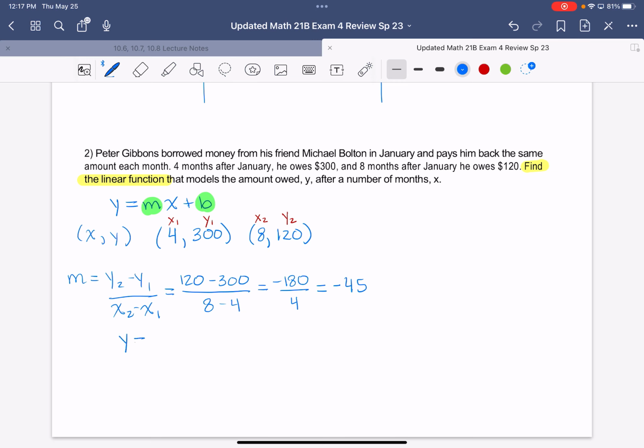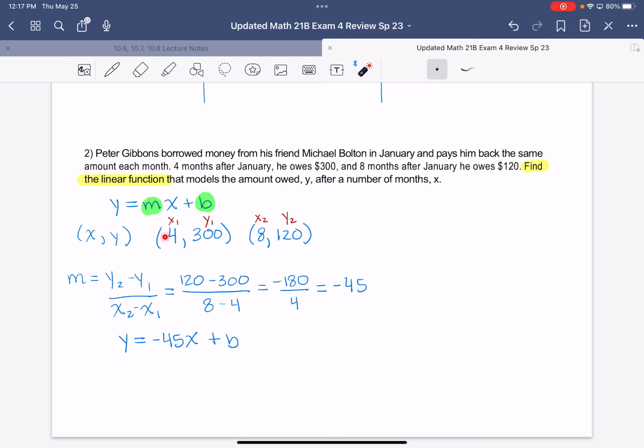Let's substitute that into our equation. So we have y equals negative 45x plus b, where all we have left to find is b. To find b, plug in one of your points.